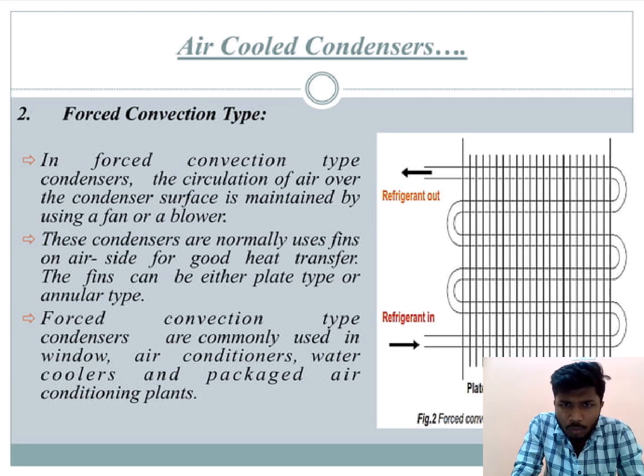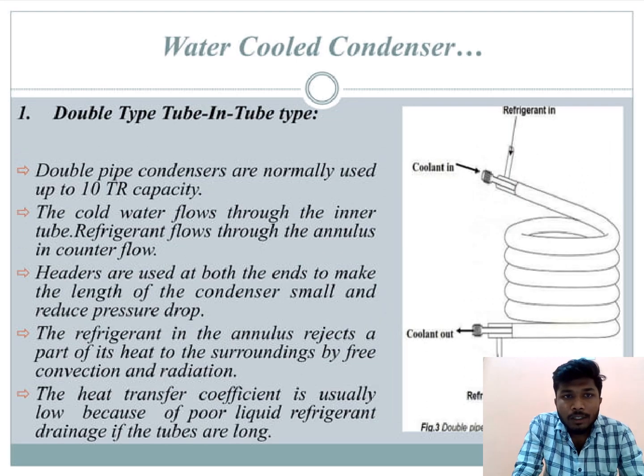These condensers normally use fins on the air side for good heat transfer. The fins can be either plate type or annular type. Forced convection type condensers are commonly used in window air conditioners, water coolers, and packaged air conditioning plants, etc.